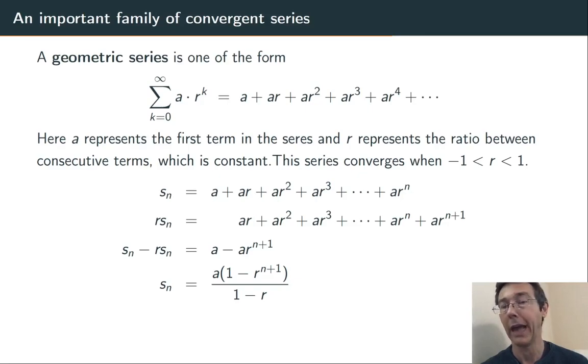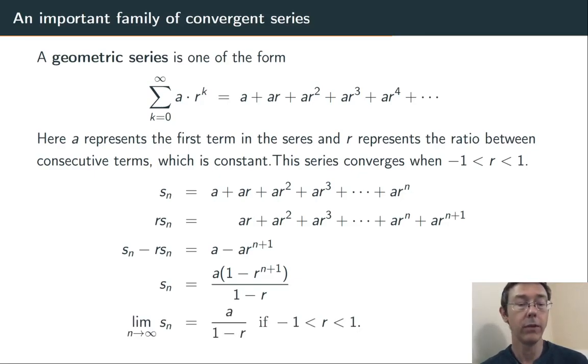That's why convergence only happens for r in that interval. If r is between -1 and 1, then as n goes to infinity, r to the n plus 1 goes to 0, and I'm just left with a over 1 minus r. This is a formula that comes up from time to time, and it's good to have this in your notes somewhere so that you can refer to it when you need it.